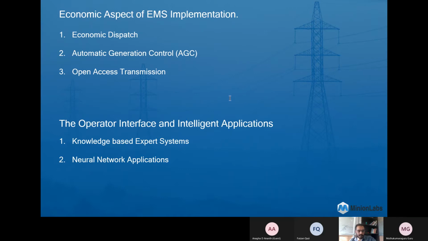The last and final economic aspect is open access transmission. Open transmission systems operate on the idea that all the power plants should be managed separately, and in fact they may be owned by other companies. They do not own any transmission or distribution equipment. The idea is to have the transmission system provided by transmission services to generators, which in turn sell the power directly to distribution companies and or large loads.